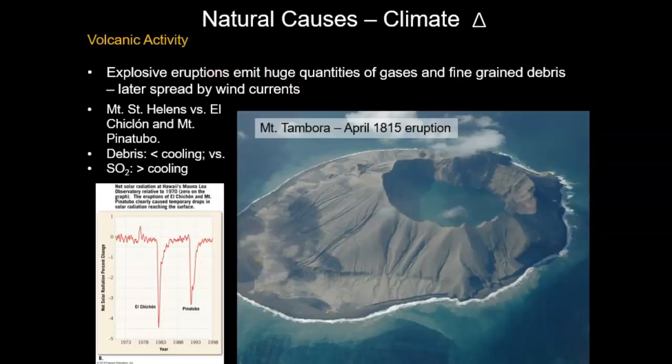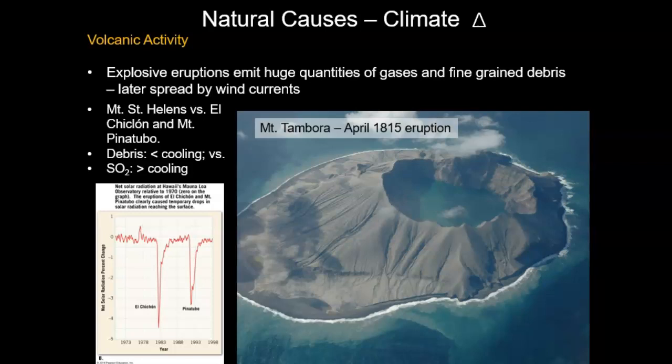So here's another one of the hypotheses that is thought to affect part of the climate change. The idea that volcanic activity had an effect on climatic variability was proposed a very long time ago, and it is indeed regarded as a plausible explanation for some aspects of climatic variability.